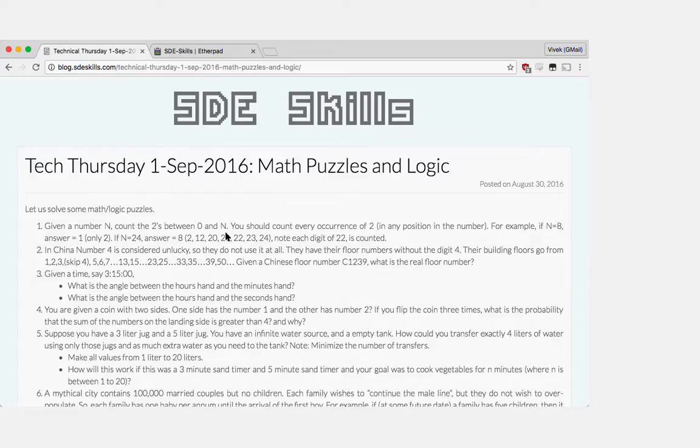There is a mathematical or programmatic way to solve this, right? It's just brute force here. I'm trying to write it down, maybe I can put it on Etherpad.